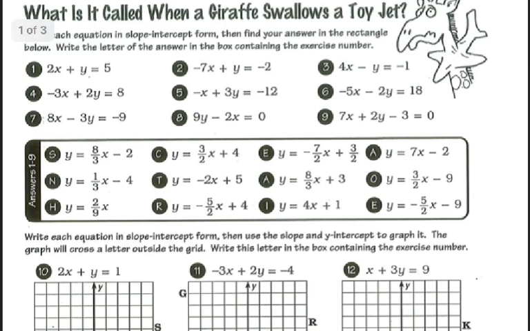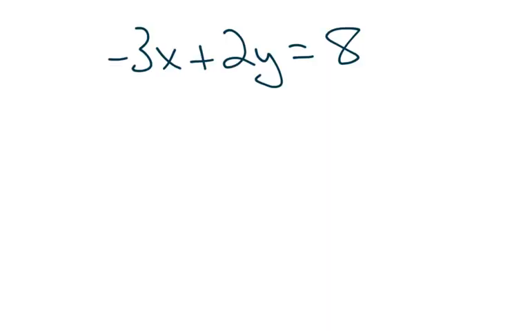Let's see. Let's pick 4 and 9. Okay, so we're going to do the first one. And notice that, again, what we're trying to do is get y all by itself.